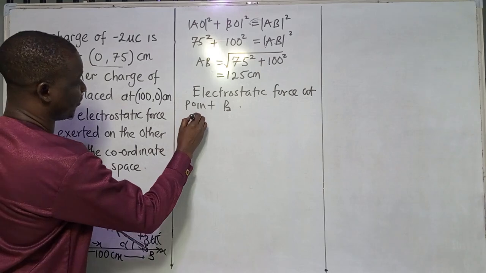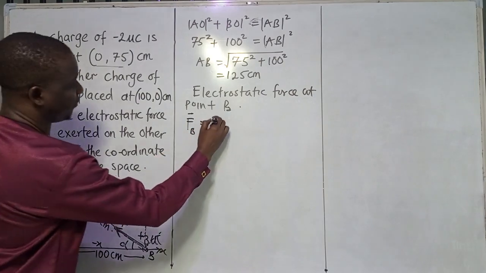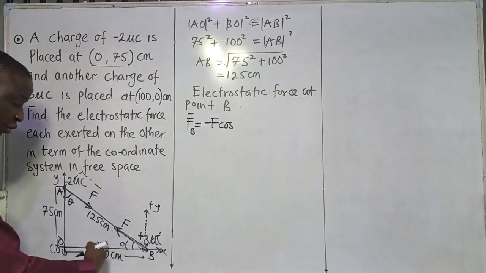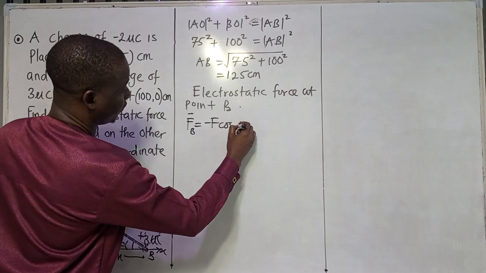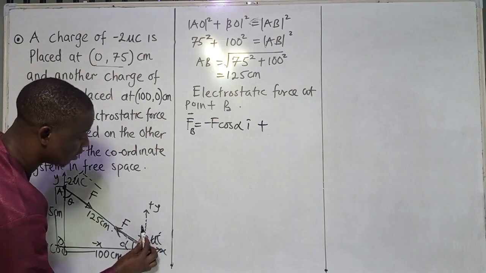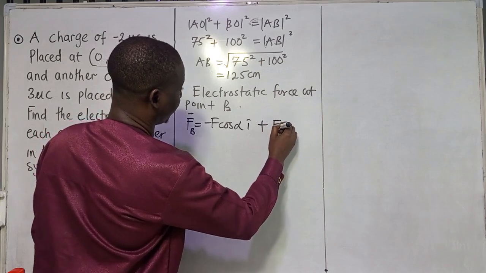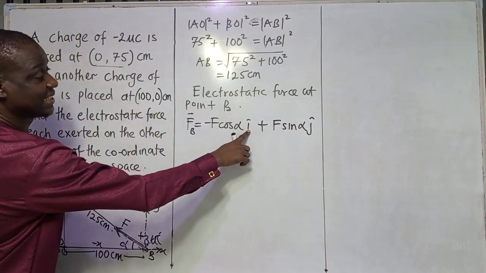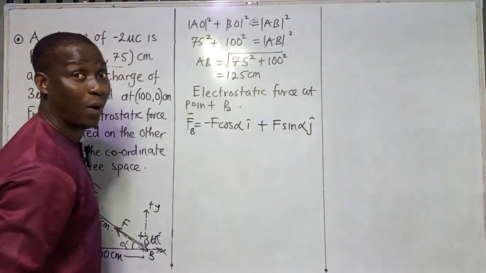That means the force at B is equal to minus F cos alpha i, because this is along the negative x-axis, plus F sine alpha j, because it is going up. i is the unit vector of the x-axis, j is the unit vector of the y-axis.